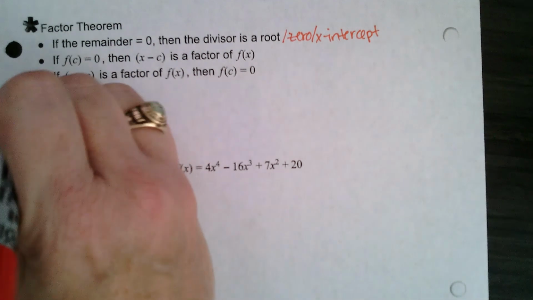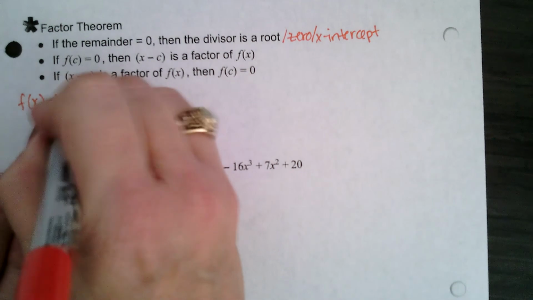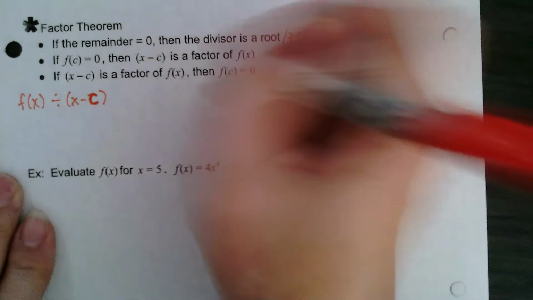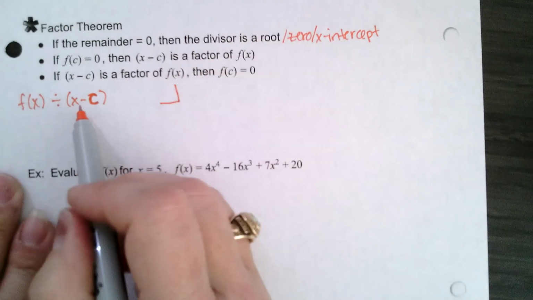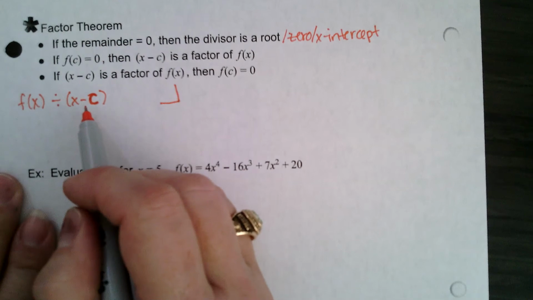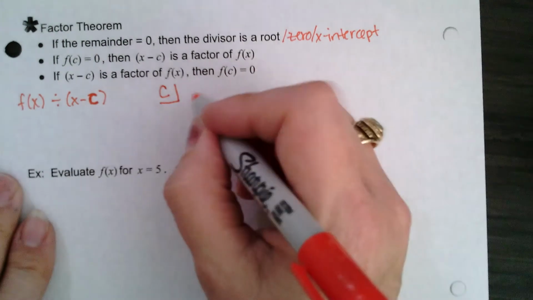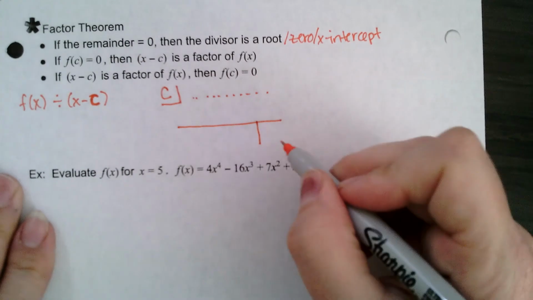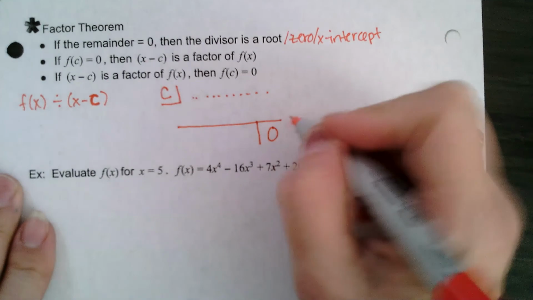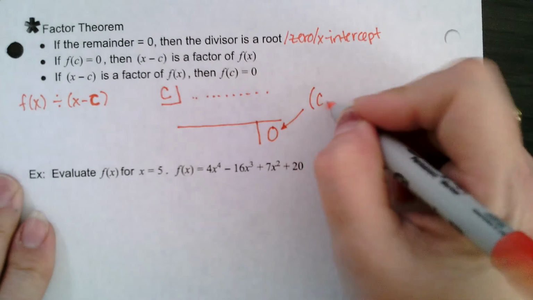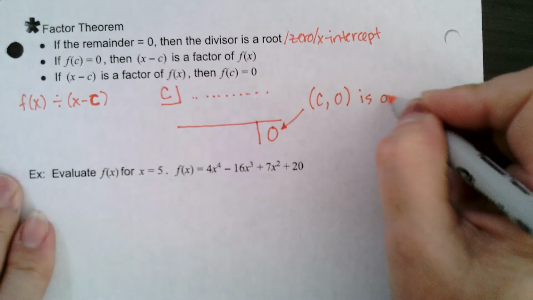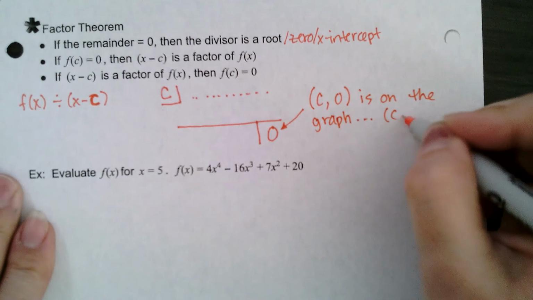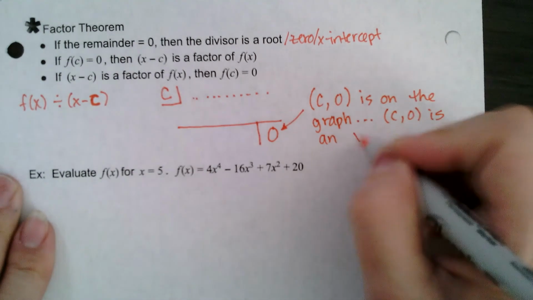So basically, if I do f of x divided by x minus c, then what I would have in the box here, remember I would set x minus c equal to 0. So what goes in the box would be c. Then I'd have the coefficients of f of x up here. And if I end up with a 0 in the remainder, then that means that (c, 0) is on the graph and (c, 0) is an x-intercept.